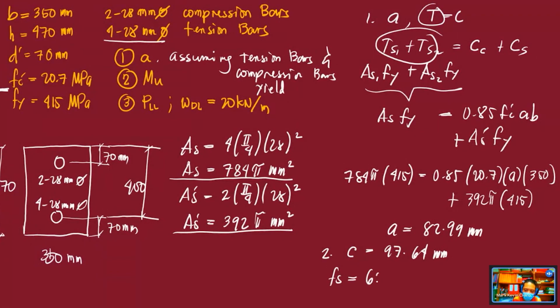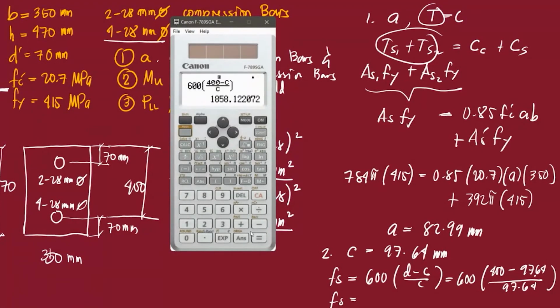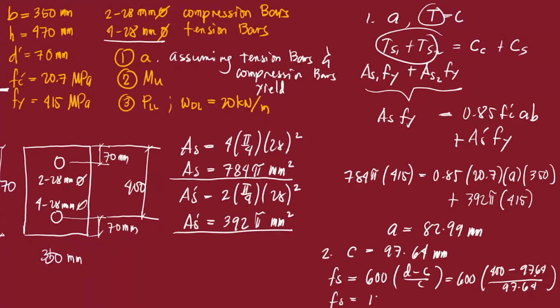Okay? So, that's it. Here you do not compute C max; what you compute instead is the value of your Fs. Fs is equal to 600 multiplied by D minus C over C. Right? So, this is equal to 600, your D is 400, your C is there, 97.64, all over 97.64. You can solve for the value of your Fs. Fs is equal to 1858.12.